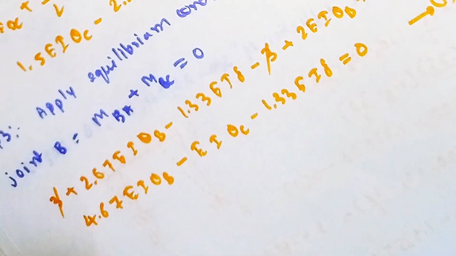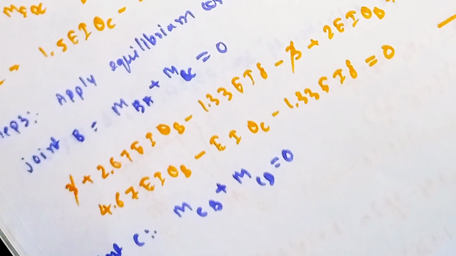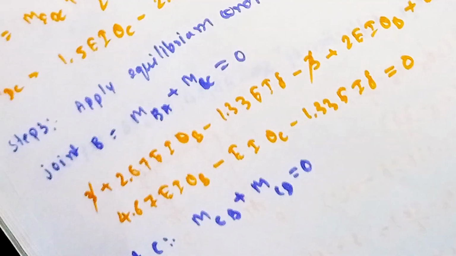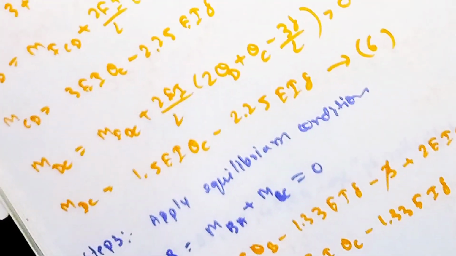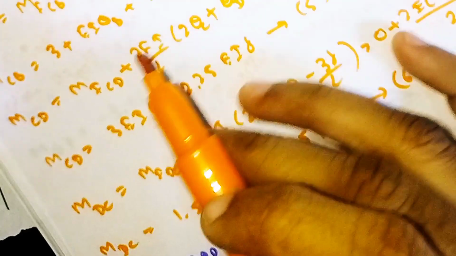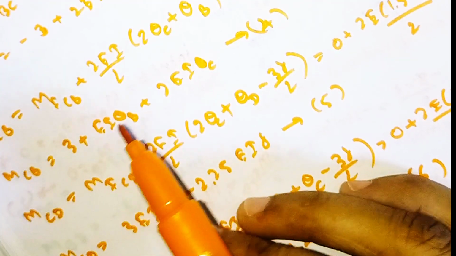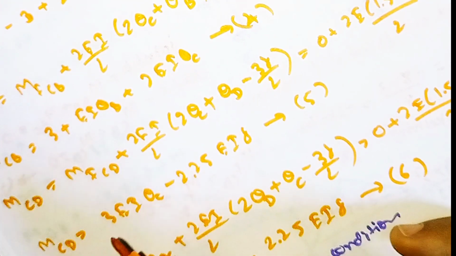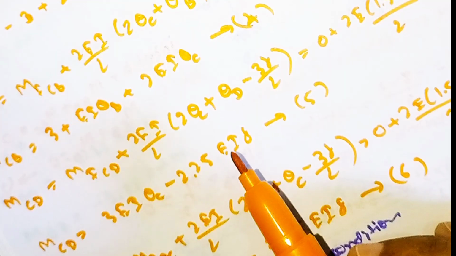Now we will apply the second condition, MCB plus MCD is equal to 0. Substitute the MCB and MCD values in this equation. The MCB value we got was 3 plus EI theta B plus 2 EI theta C, and the MCD value we got was 3 EI theta C minus 2.25 EI delta.